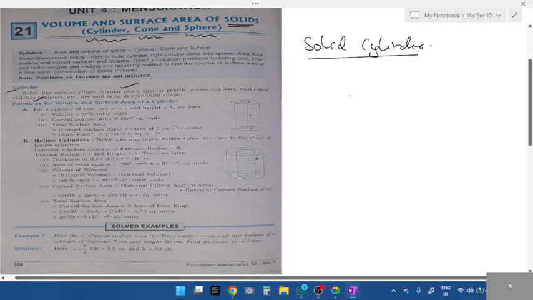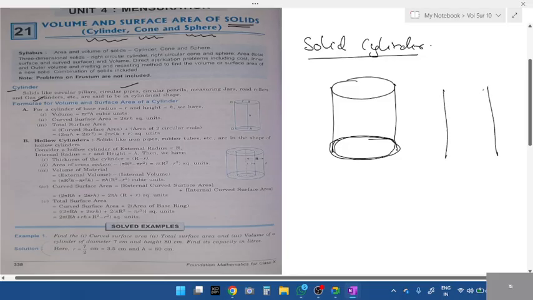Solid in the sense only one cylinder, student. The hollow cylinder is, you'll have one cylinder, inside that you'll have another one, like this.